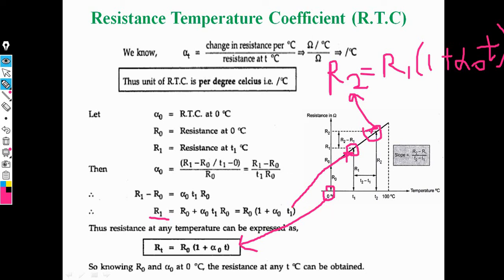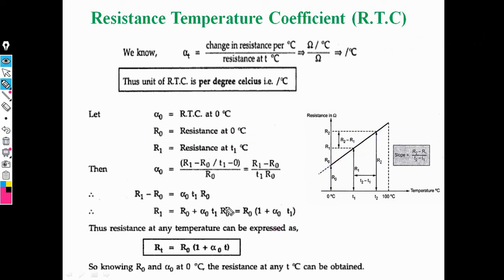In this equation, first we have to find the R0 resistance at 0 degree Celsius, then obtain R1.